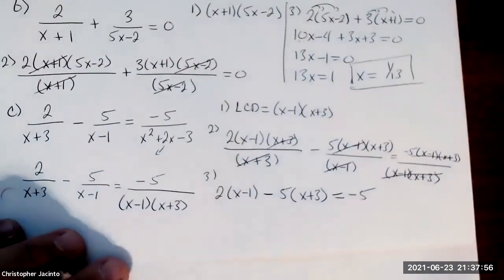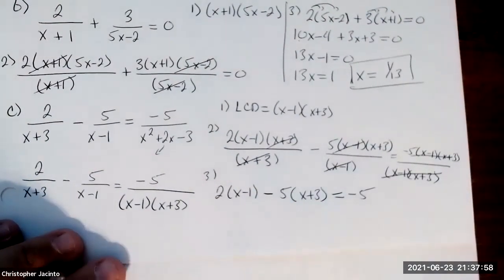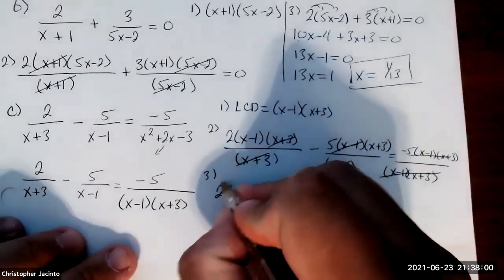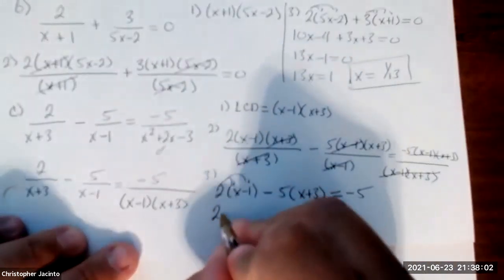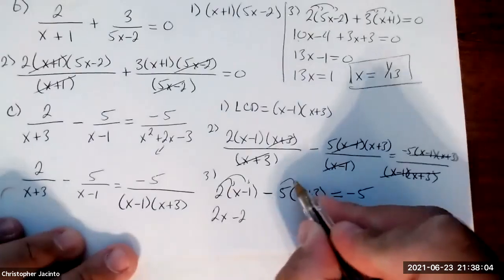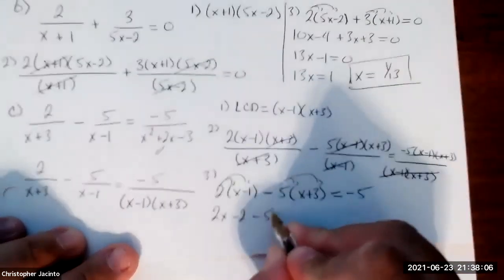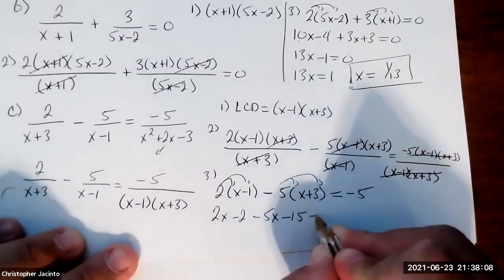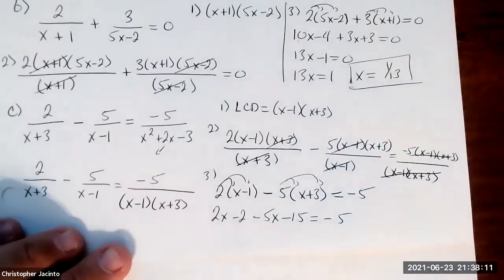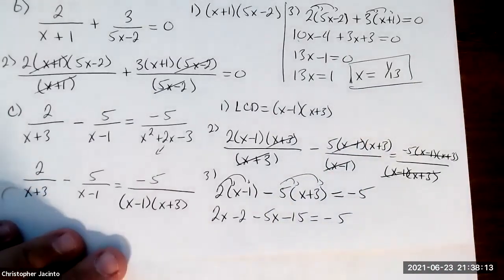And again, now we just multiply and distribute and solve for x accordingly. So distributing here, distributing here. And again, just collecting like terms.